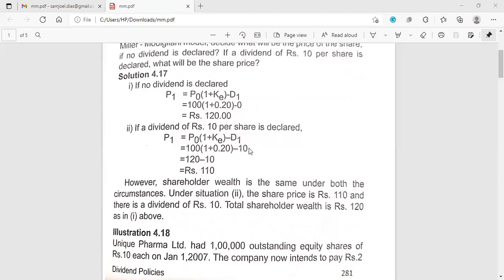He can keep that 10 rupees as dividend with himself, and he can sell that share in the market for rupees 110, so 110 plus 10 becomes 120. That means the wealth remains the same, so there is no change in wealth, only a change in the market value of the share. This is especially so when the dividend is declared.